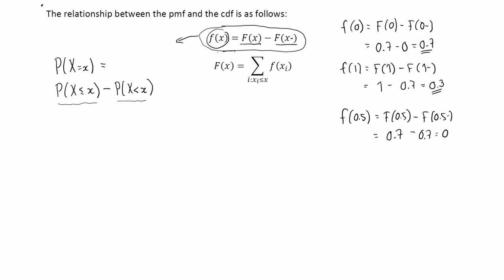Second, we can always get the CDF from the PMF, and we get it by summing the PMF. The sum here tells us to sum over all outcomes in the range of X, where x_i is less than or equal to the particular value of x for which we're trying to evaluate the CDF.